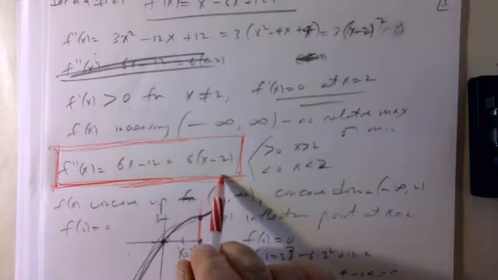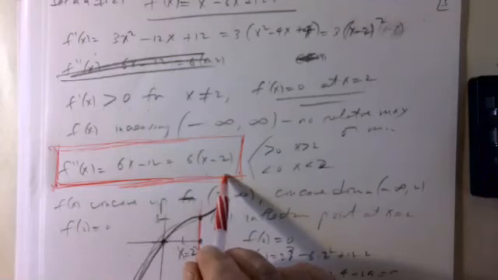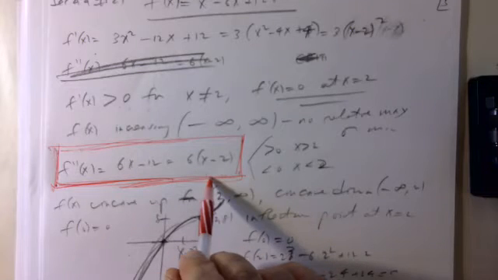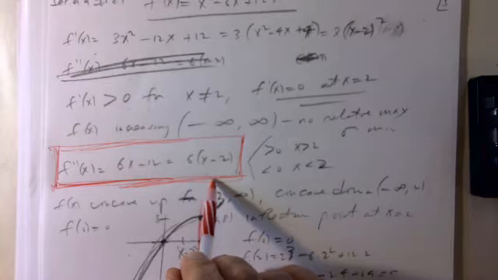When is this term equal to 0? x equals 2. Exactly. When is this positive? Positive when x is bigger than 2. Exactly correct. When is this negative? It's negative when x is less than 0.